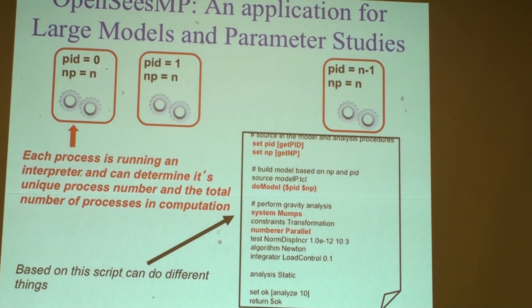Each processor in the computation will have a unique process ID going from 0 to n-1, where n is the number of processes running. They'll also be able to figure out how many processes are in the computation. Based on their process ID and NP, the number of processes, they're going to do different computations. They'll build the model in different parts, or they'll do different parameter studies.